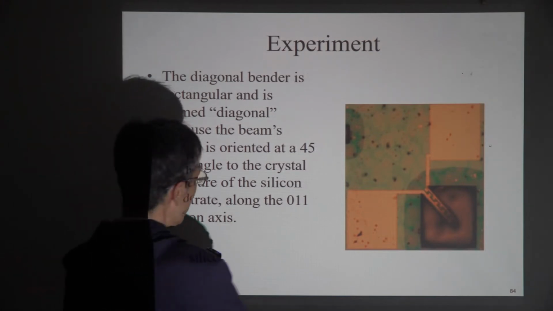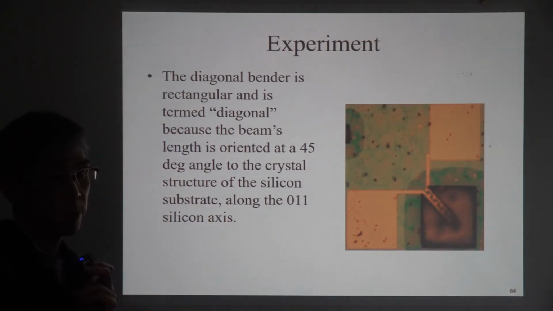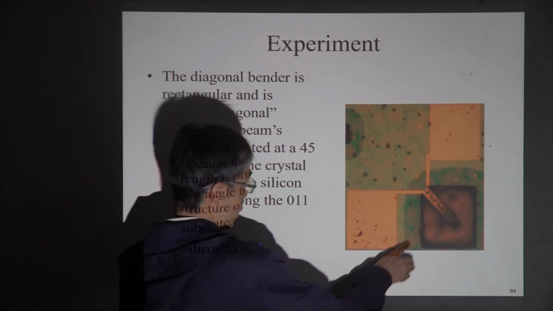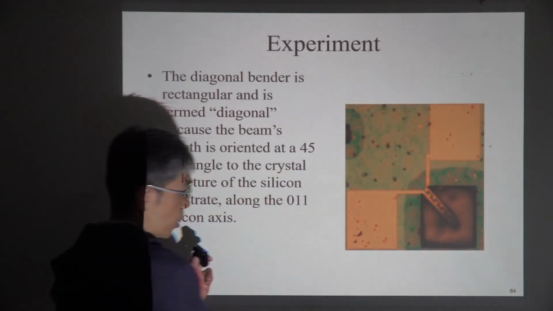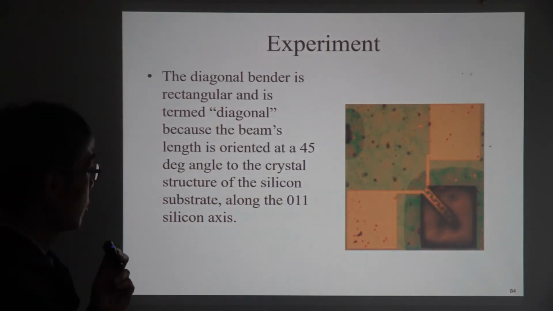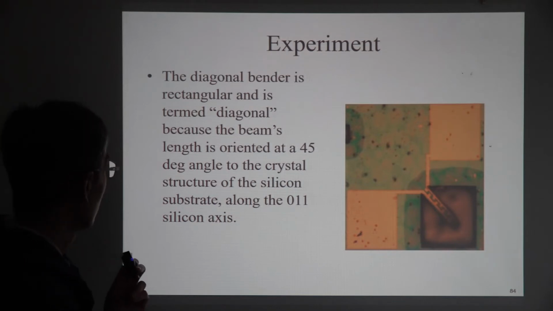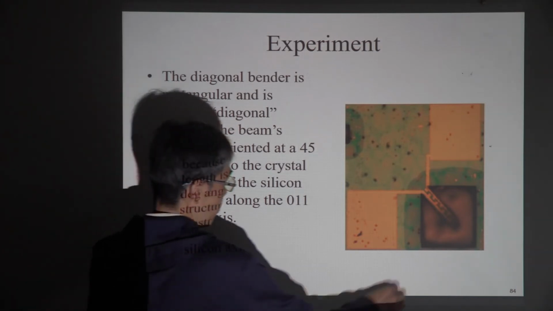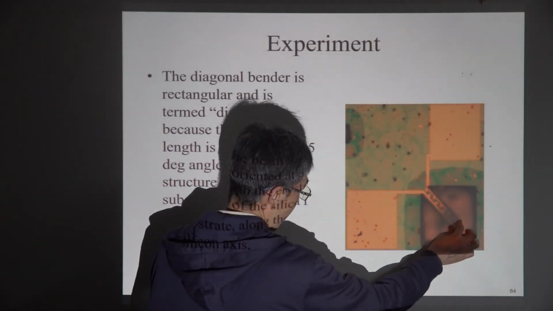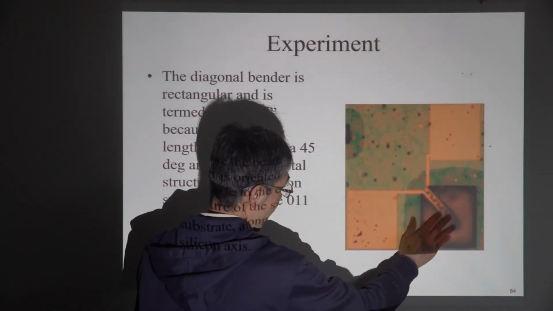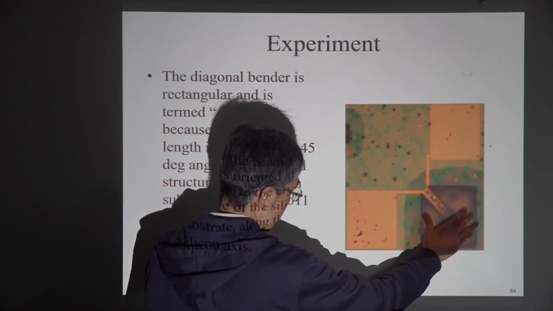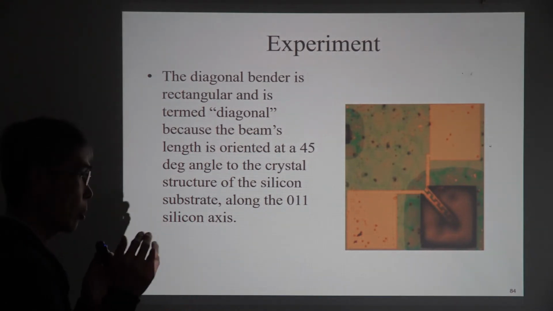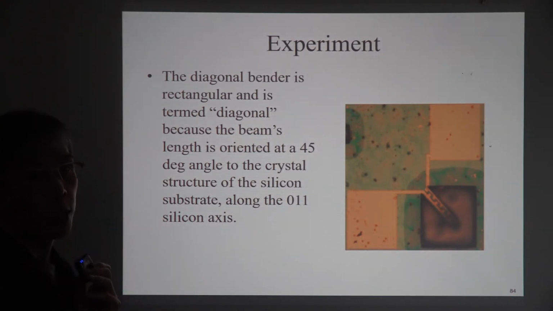And also, they use a 100 wafer, and during the anisotropic etching, we will have the edge aligned with the 110 direction. So we designed the beam to have a 45 degree angle. This way we have a large pit. So this way we could decrease the damping, which is good. With decreased damping, we will have a high quality factor.